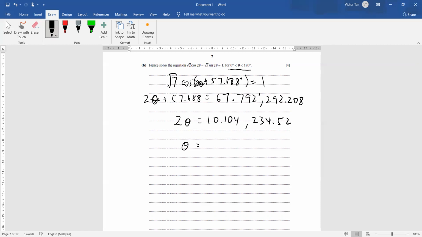Theta is 117.3 degrees. I'll put all this in one decimal place, since they did not mention. Okay, that's it.